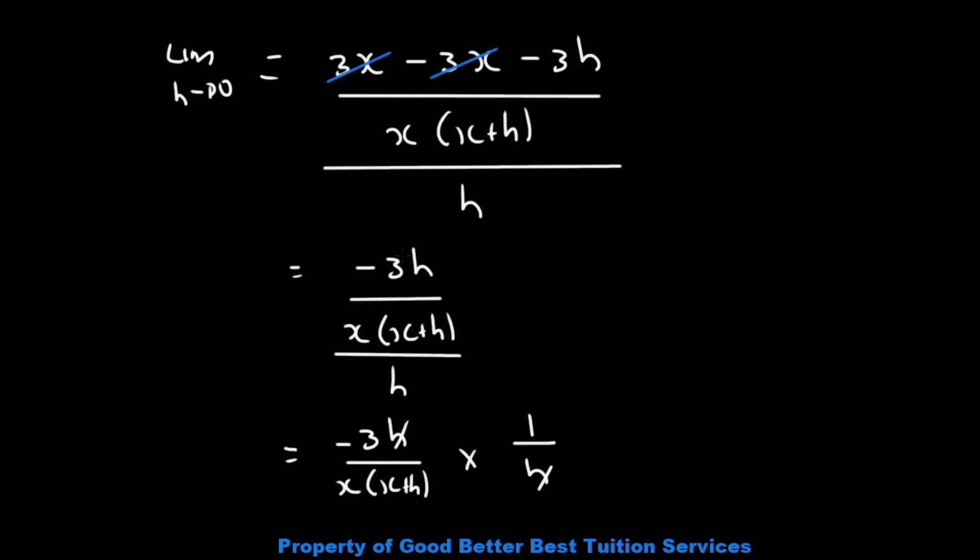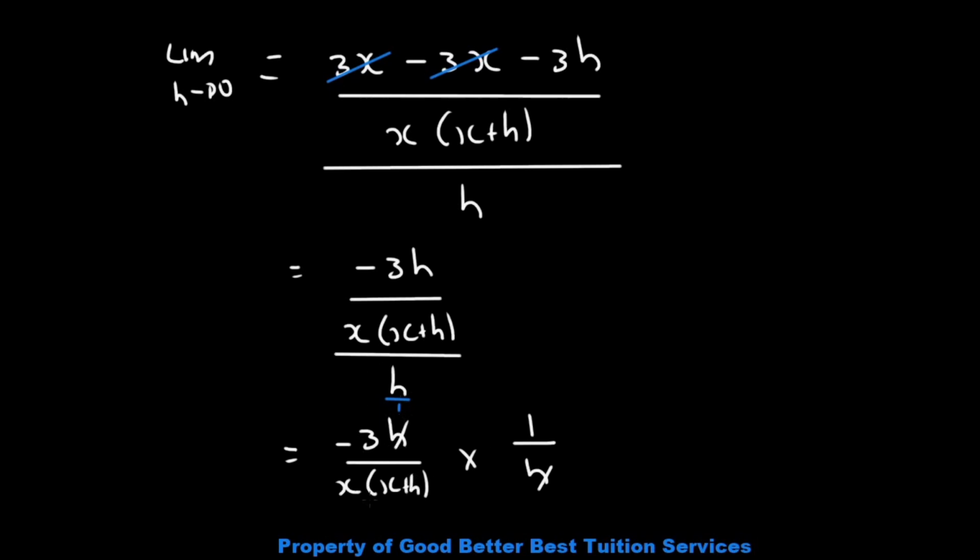Now you guys know that when we divide one fraction by another, we can multiply by the inverse. So we have minus 3h over x times (x plus h), divided by h over 1. It's invisible. We don't normally write it like that, but in this case, it would help for us to see what we need to do.